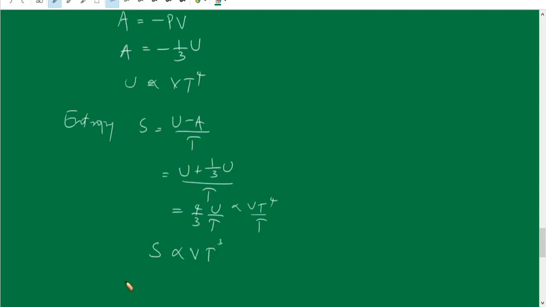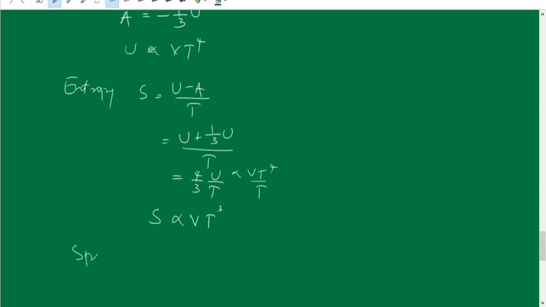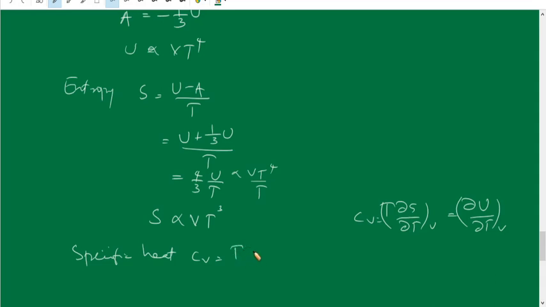But the specific heat capacity at constant volume, Cv, is equal to, we have the relation T dou S by dou T, or you can write dou U by dou T at constant volume. Both are right. So we can use T dou S by dou T at a constant volume.